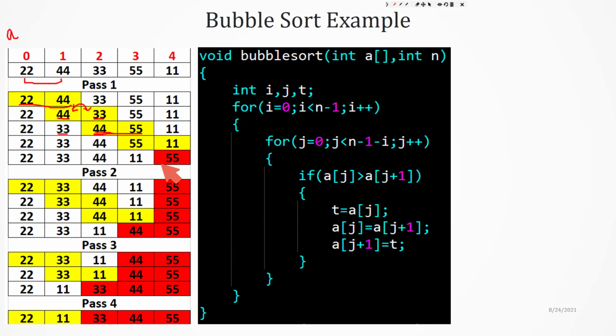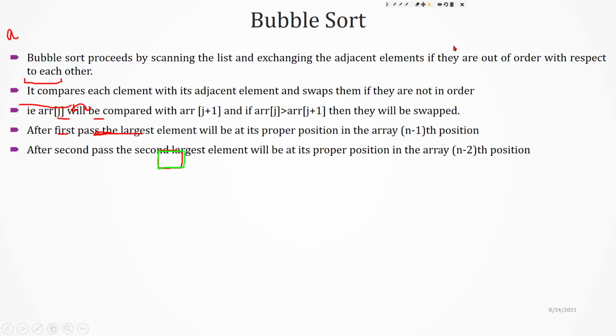Now what happens? If you look at the array, the largest element is in the last position. So that means after the first pass, the largest element will be at its proper position in the array, n minus 1th position.